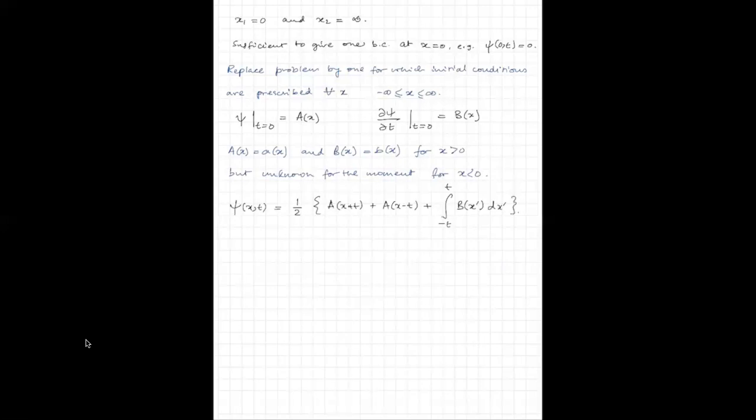Now, to satisfy the boundary conditions, we must have a of t plus a of minus t plus the integral from minus t to t of b of x prime dx prime.